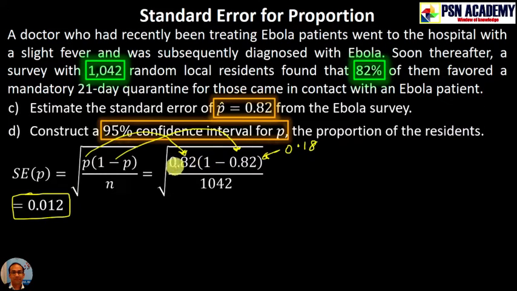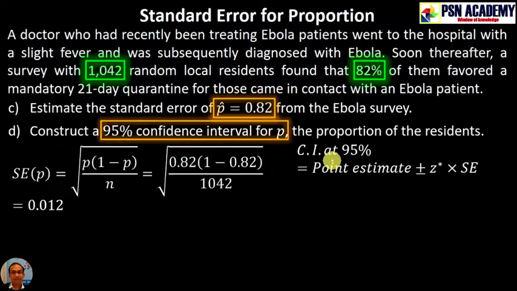Next, the last question, construct a 95% confidence interval for p, the proportion of the residents. Now you see that it is told that the 95% confidence interval, CI at 95, is point estimate plus minus z star, that is a z value, times standard error. That means some deviation.